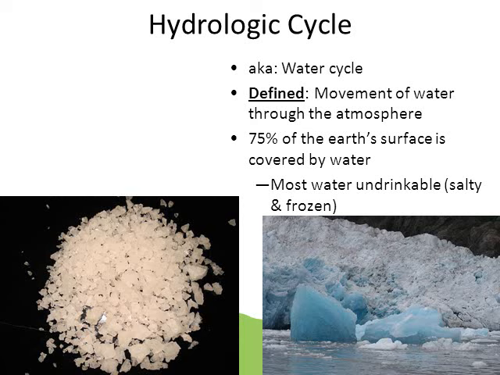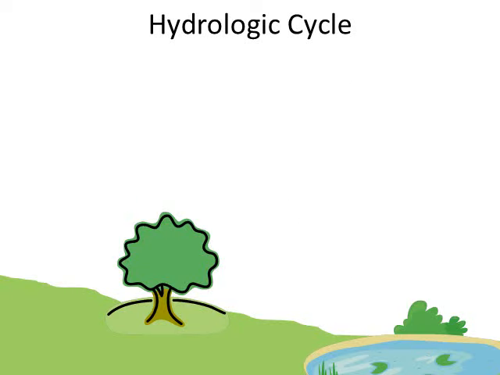It's either too salty because it's ocean water, or it's frozen like in glaciers and icebergs. So the vast majority of Earth's surface is covered in water, but it's not drinkable water. So we really need to understand how the water cycle works so we can take care of the water that we need to survive. So let's look at the stages of the water cycle.